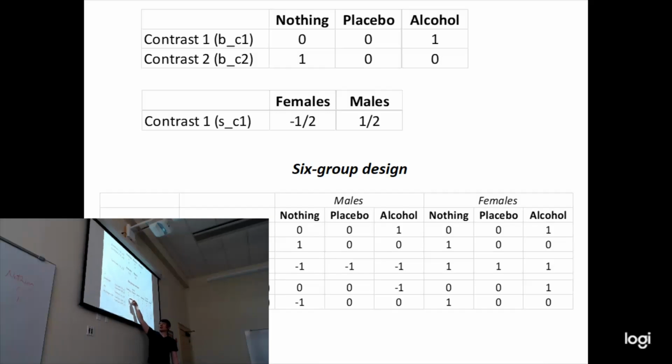And then this contrast times this contrast, that gives me a 5th contrast. And hey, look, we have 5 contrasts. 5 contrasts are required to fully represent a 6-group design. So one way of understanding this special case where I'm looking at interactions between one categorical variable and another is that I'm creating a set of contrasts, G-1 contrasts, where G is the number of groups. That's what I'm doing.